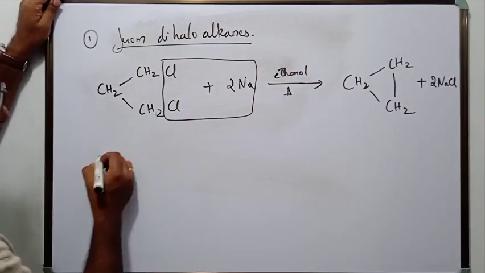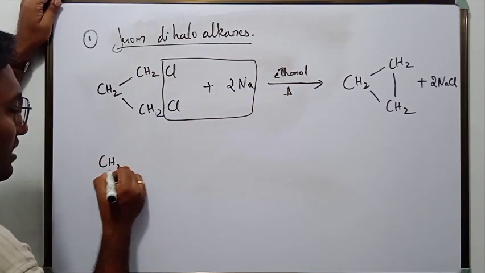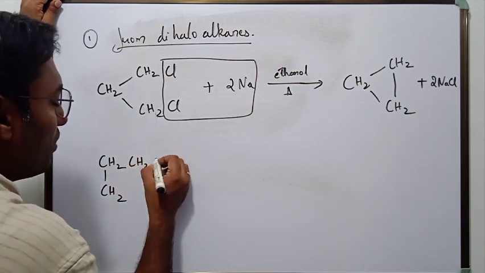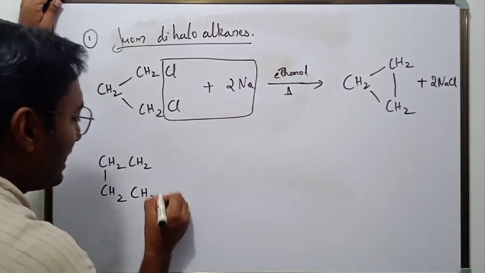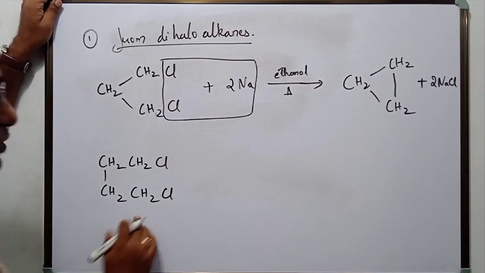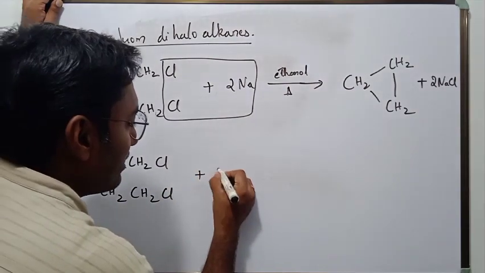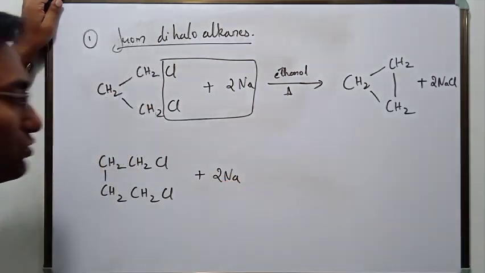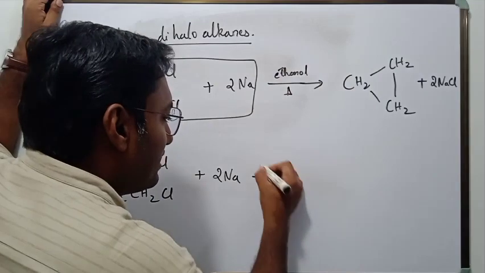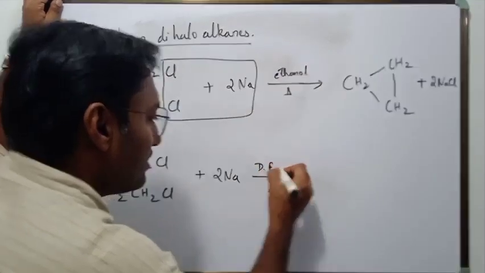Let us see another example to make cyclobutane. For that, I take 1,4-dichlorobutane, and I heat it with sodium. Either you take dry ether or you take ethanol and heat it. I am taking dry ether here.